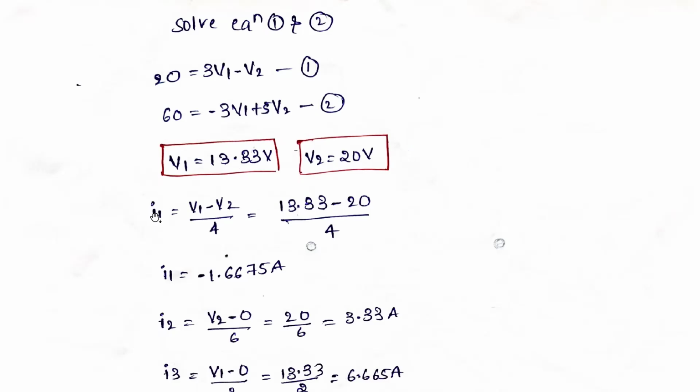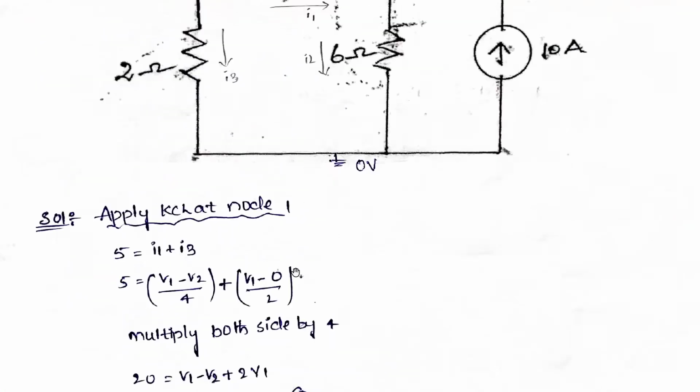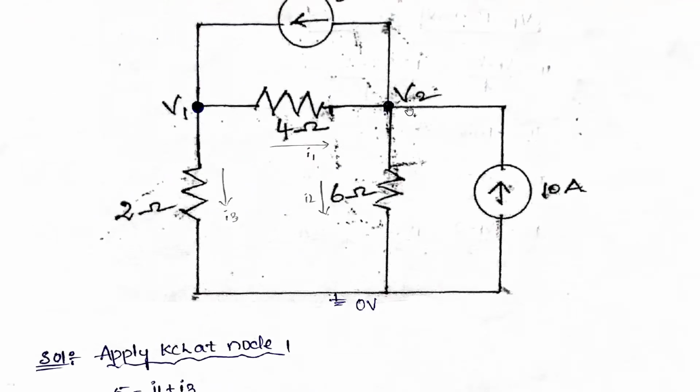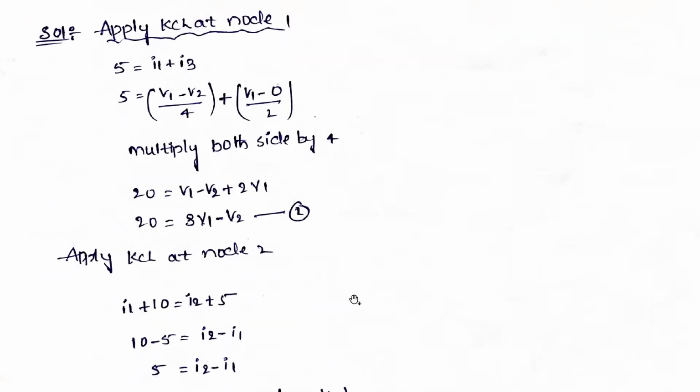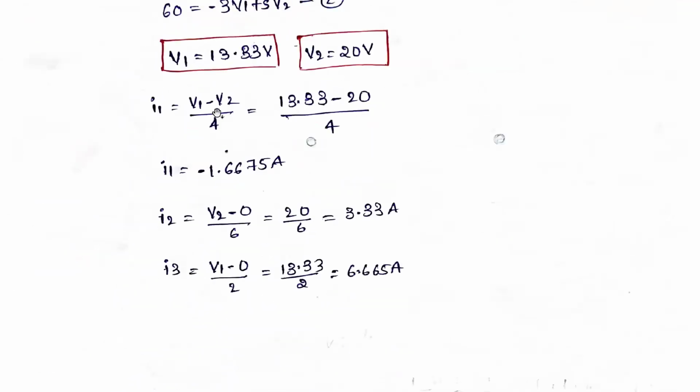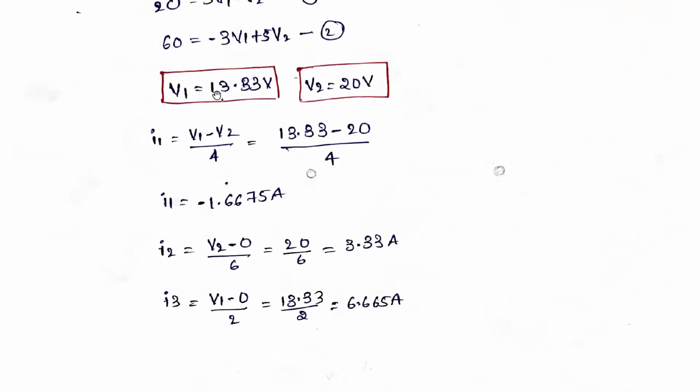Now we find the currents I1, I2 and I3, as we considered. I1 is (V1 minus V2) divided by 4. Substituting V1 and V2 and simplifying, we get minus 1.6675 amperes.